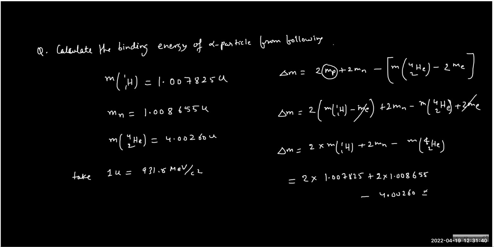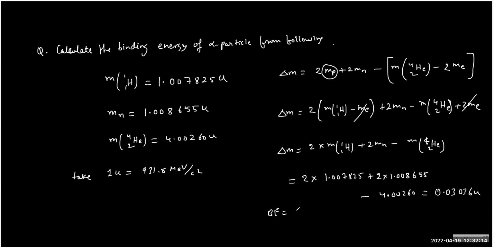So 2 into 1.007825 plus 2 into 1.008655 minus 4.002603. In examination you have to be very careful with calculation because these are very subtle calculations, and anything will make it bad. This turns out to be 0.03036 U.